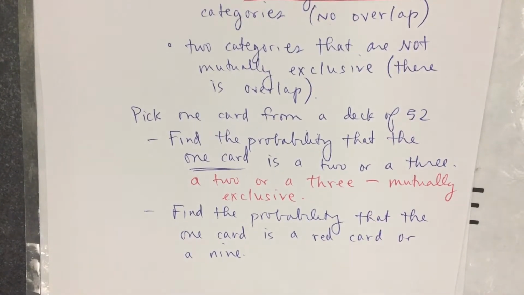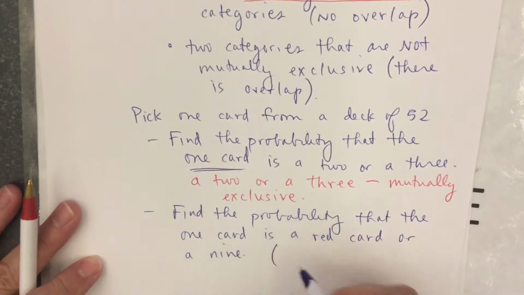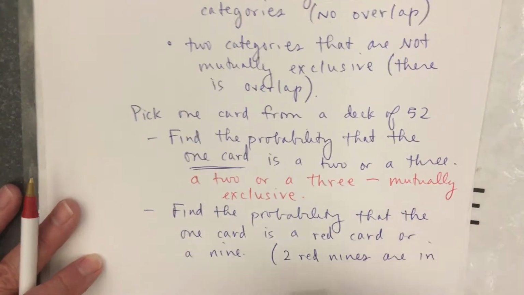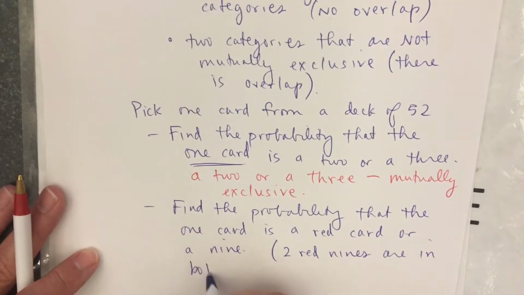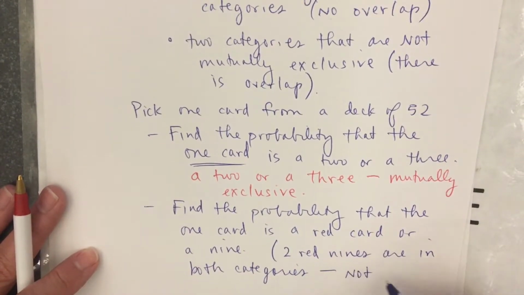We have a red 9. We have 2 of them. So the 2 red 9s are in both categories. So these are not mutually exclusive.